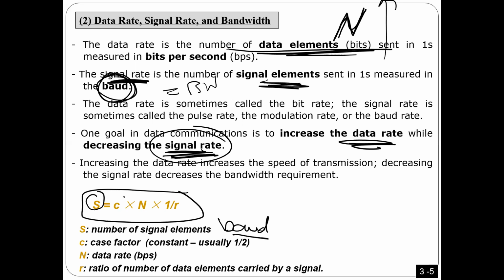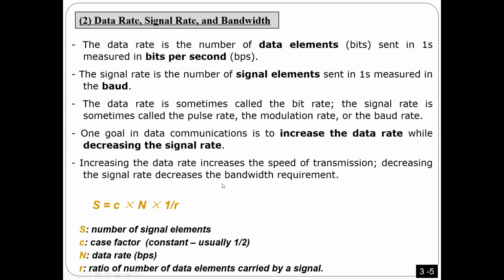C is a constant value. Most of the time this C is half, but it's a constant value. Then N is the bit rate, and then 1 over R.